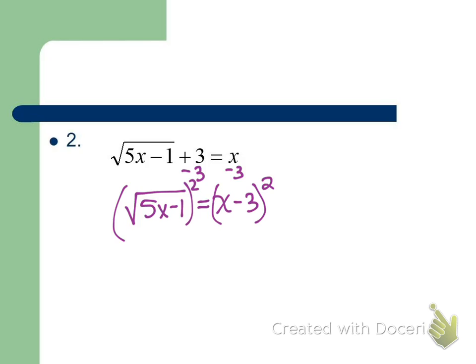Okay, so when we square the square root, what happens? Those go away. And what do we get on the other side? x squared minus 3x minus 3x plus 9. When we combine like terms, what would we have? Wait, what do you mean by that? Oh, so you said minus 3x minus 3x.